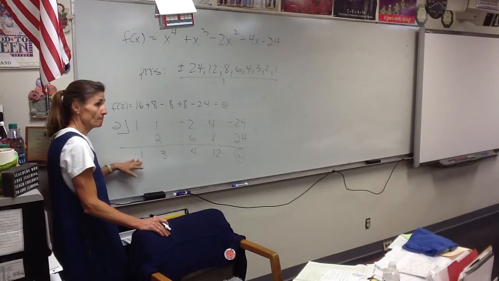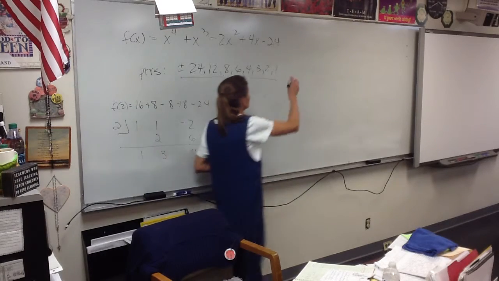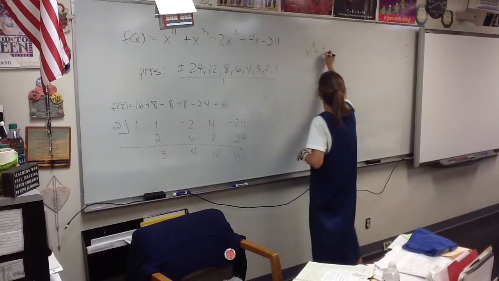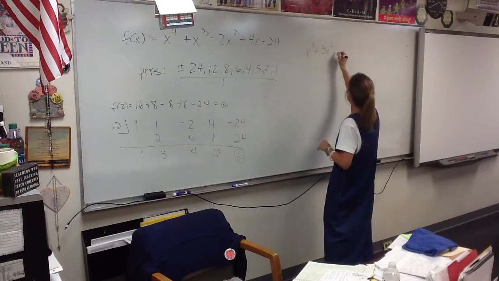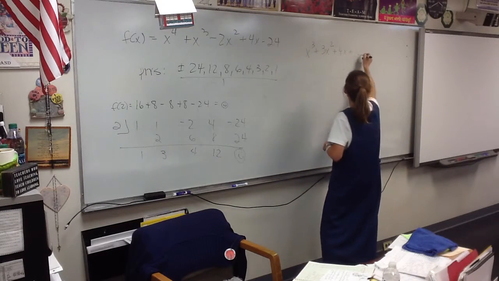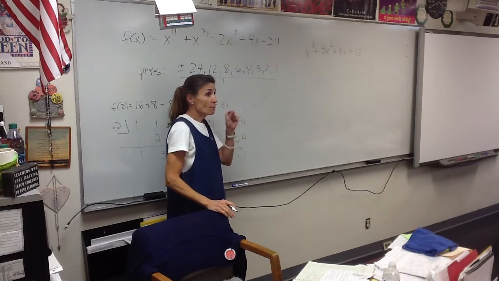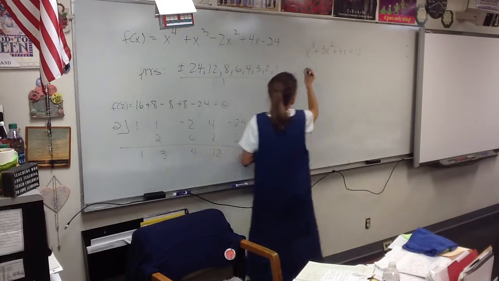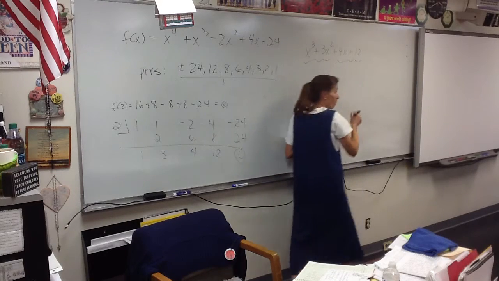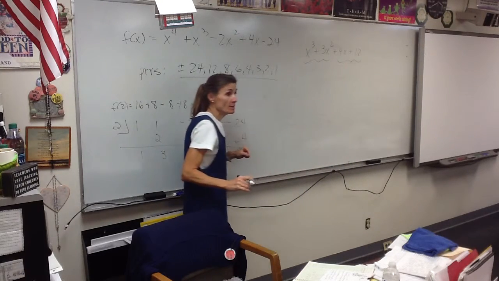Okay, now what's left? x cubed plus 3x squared plus 4x plus 12. Now, we could guess again, but if you're paying attention, you might notice that now the problem groups.